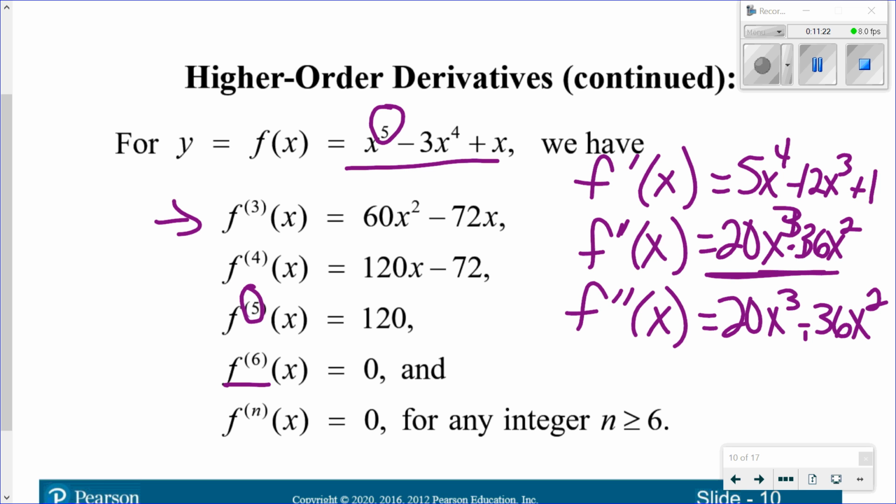So when you are doing power rule higher order derivatives, this only works for power rule of positive exponents, you will notice that if the derivative you are asked to take is bigger than the exponent you started with, you don't need to do all this work in between. You can go straight to the derivative being 0. Again, I want to stress derivative equals 0. That is a number. That does not mean it doesn't exist. It very definitely does exist. A seventh derivative would exist and would also be 0 for this function.